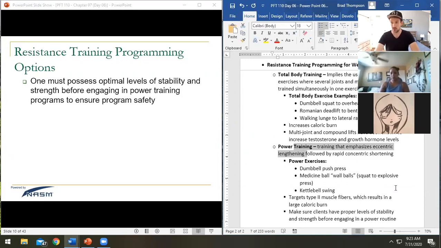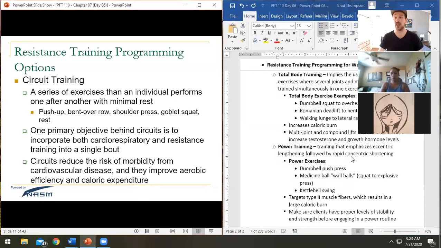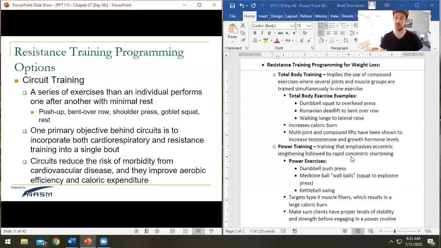Once I've built up that strength, now I can focus on doing those power movements, right? And I have proper levels of both, which is going to assist me. I've learned how to recruit my type 2 muscle fibers, but now I'm going to learn how to recruit my type 2 muscle fibers quickly. So another thing that's very effective, and this can be applied to any type of programming, is circuit training.